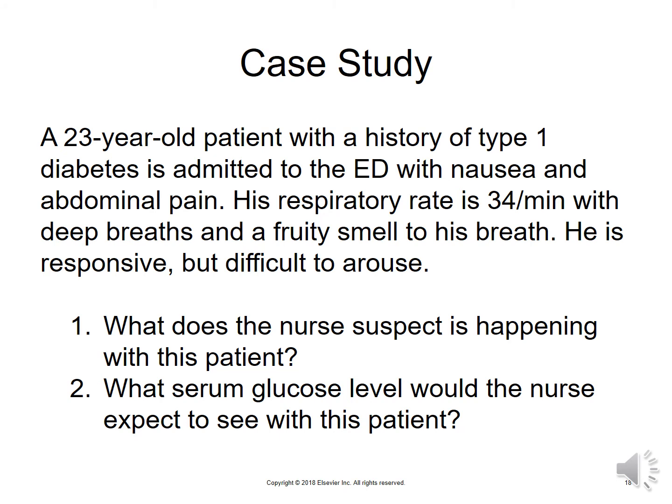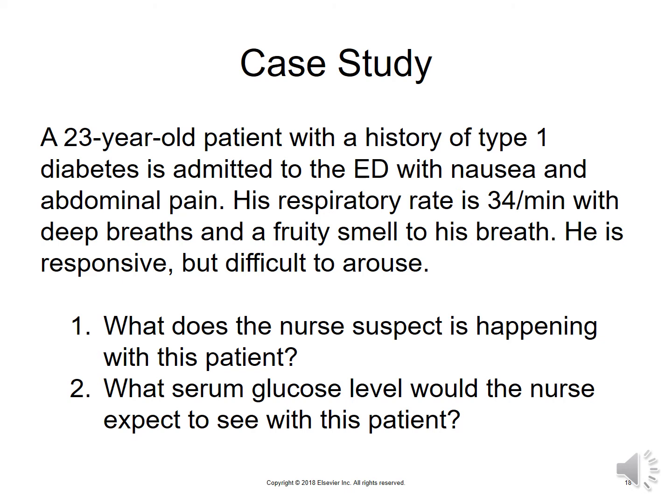Okay, we've got a 23-year-old with a history of type 1 diabetes admitted to the ED with nausea and abdominal pain. His respiratory rate is 34, and he is taking deep breaths and has a fruity smell to his breath. He's responsive but difficult to arouse. What does the nurse suspect is happening with this patient?